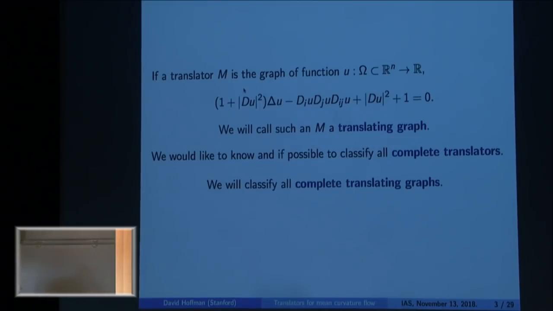Okay. We'd like to know if it's possible to classify all complete translators. And I don't know if that's possible, but what I'm going to do today is classify all complete translating graphs. I'm going to do it in R^3. In some sense, you can do most of it for hypersurfaces, but I'm going to assume that n equals 2 from now on.